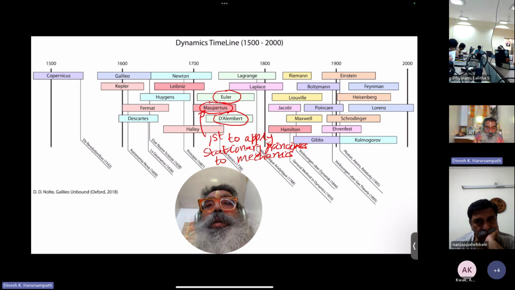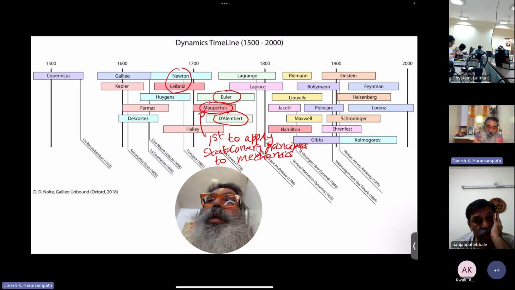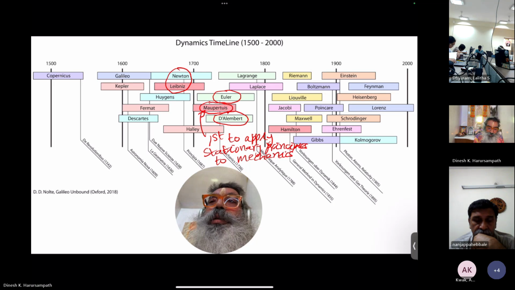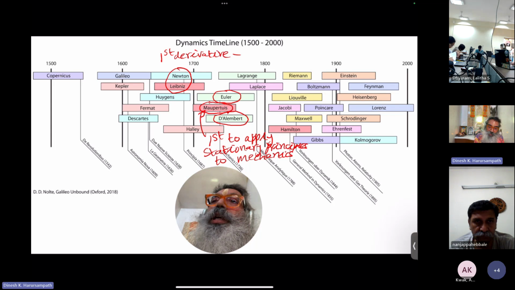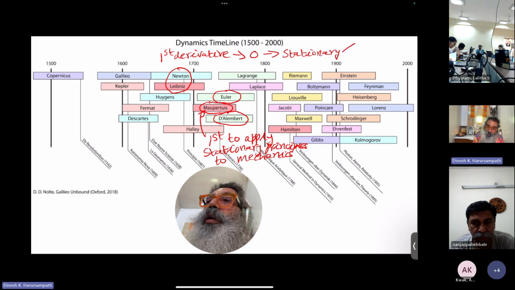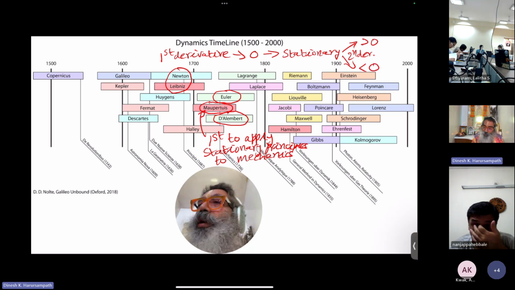And we know that the calculus that Newton and Leibniz in particular came up with helped us to take the first derivative and set it to zero in a calculus problem in order to look at a stationary quantity of a function. And we then looked at the second derivative and saw whether it is positive or negative, and depending on that, you had the maximum or the minimum, right?